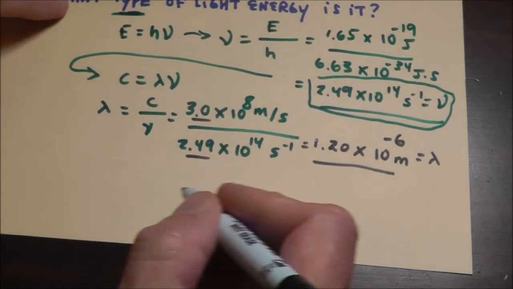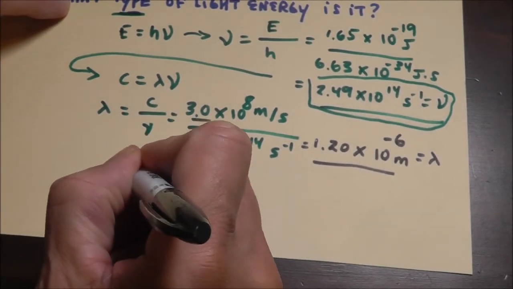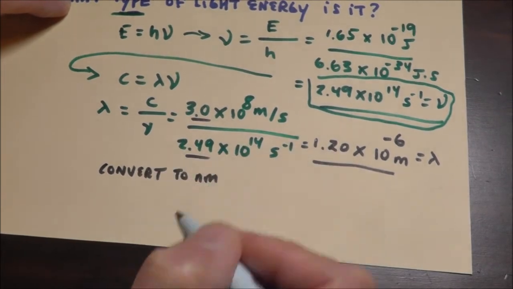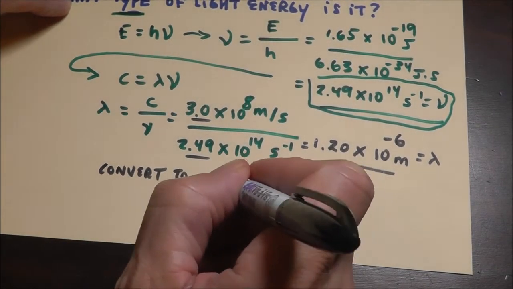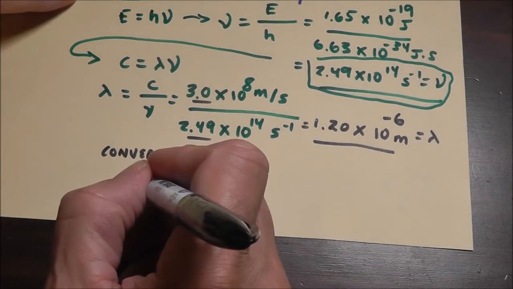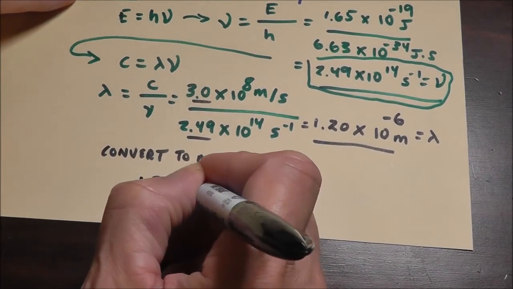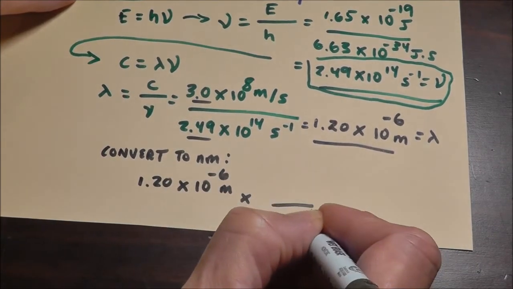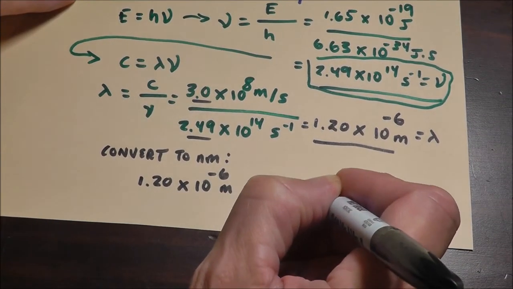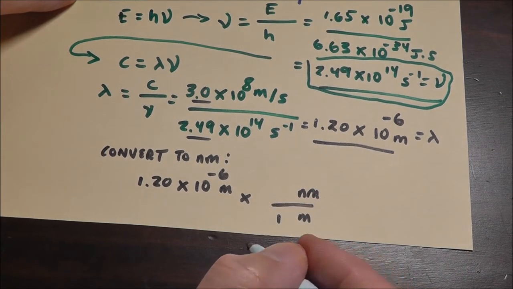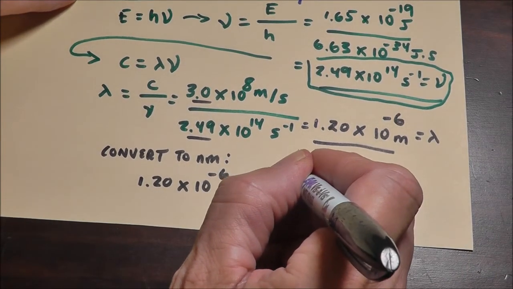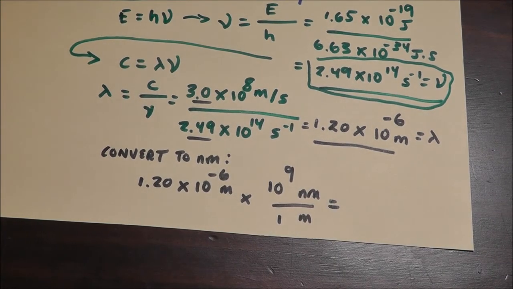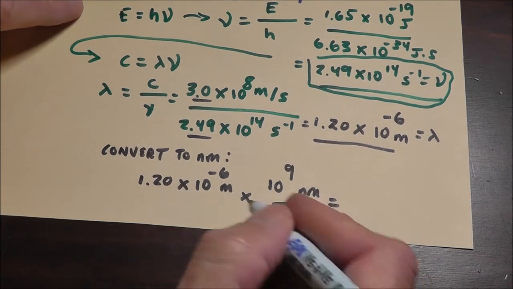I'm going to convert this to nanometers so I can find out if it's between 400 and 700. 1.20 times 10 to the minus 6th meters, to nanometers. 1 meter is 10 to the 9 nanometers. This way I can just add together the exponents.